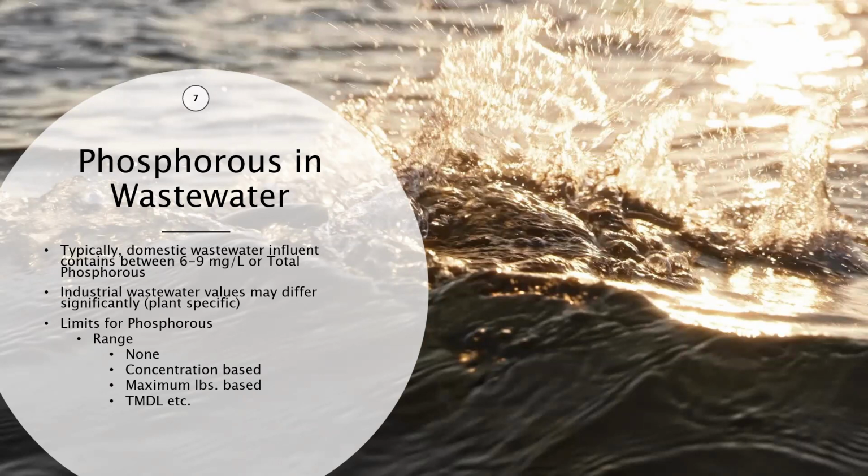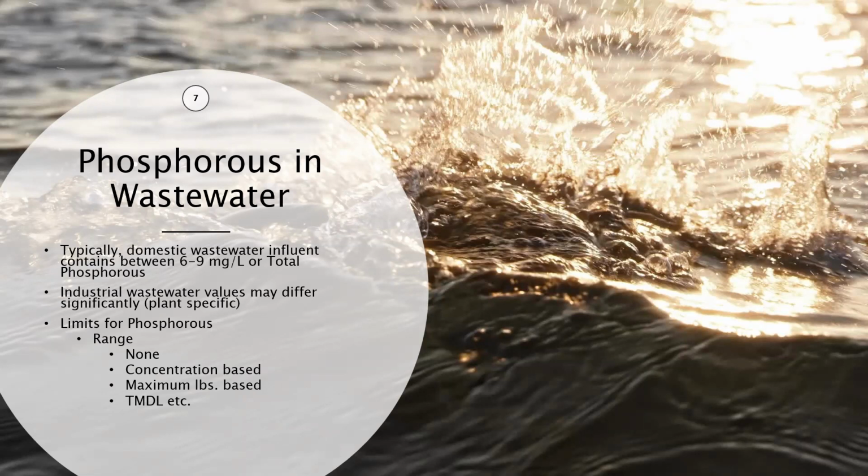And then every plant's going to have certain limits they need to meet. Some plants are limited for the amount of phosphorus they can discharge, and others aren't. And we're on a trend where eventually most plants are going to end up with some form of a phosphorus limit. Those limits can be based on a lot of different things: concentration, amount of pounds discharged.